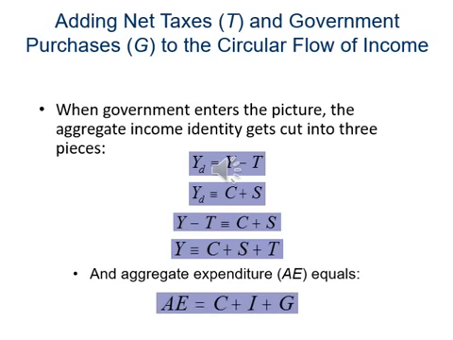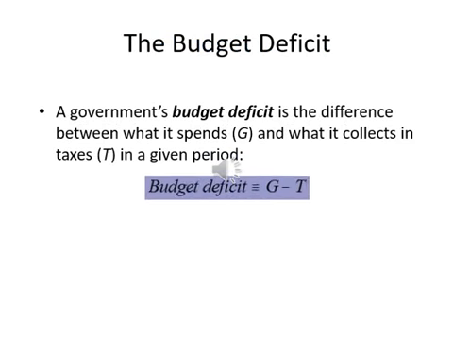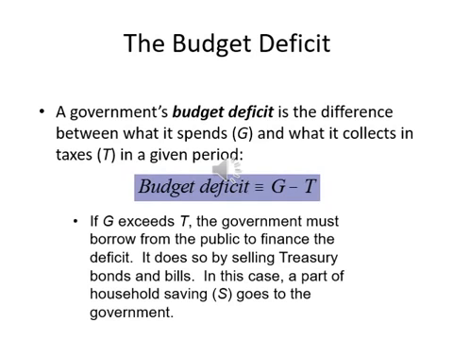When government enters the picture, the aggregate income identity gets cut into three pieces: Y equals C plus S plus T. And aggregate expenditure, AE, equals C plus I plus G. A government's budget deficit is the difference between what it spends, G, and what it collects in taxes, T, in a given period.